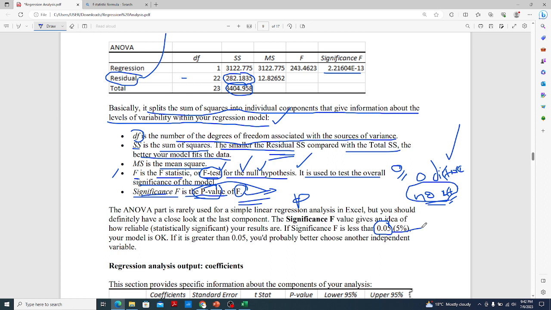We usually have a set standard p-value, which is 0.05.